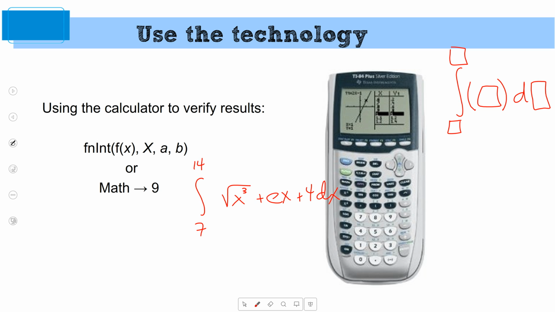What's this going to be? What's that going to be? What's that going to be? That ugliness I did over here. What goes there? X. Almost always, for us, you're going to put an X in there. And then you hit enter, and it does a bunch of fancy stuff behind the scenes, which you don't care about, and spits out the answer. Get an answer?